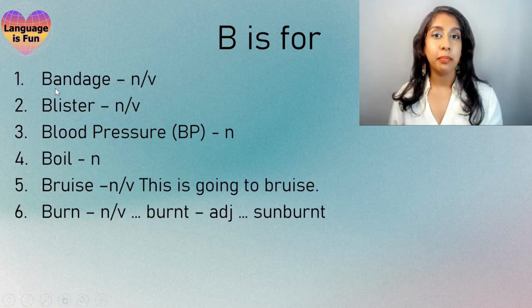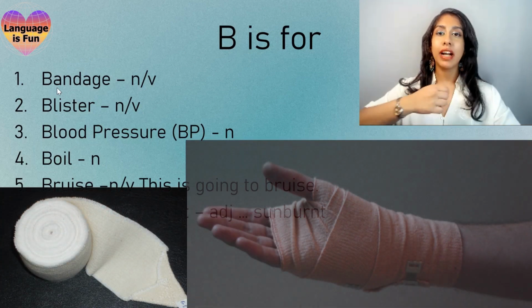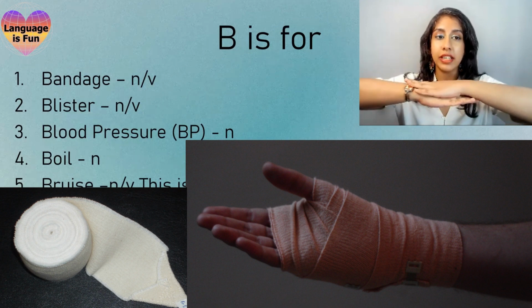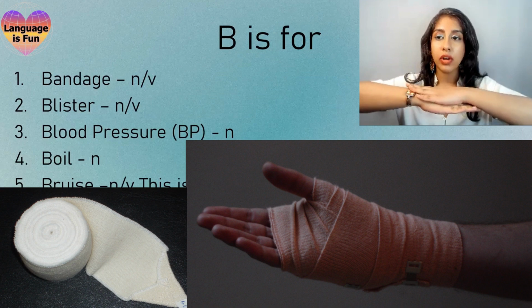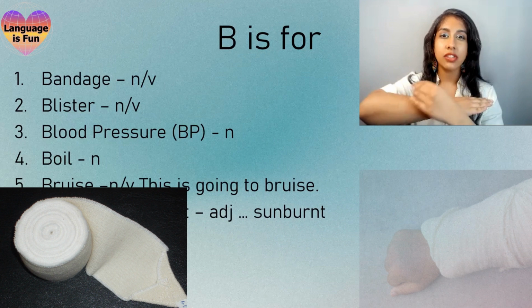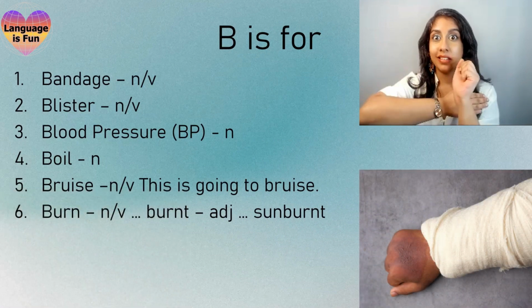First, we have a bandage, right? A bandage is something that you wrap around to make sure that the bones inside your body don't move. Or you can also wrap a bandage around a cut or a wound of some sort, when your skin is peeled off, right?